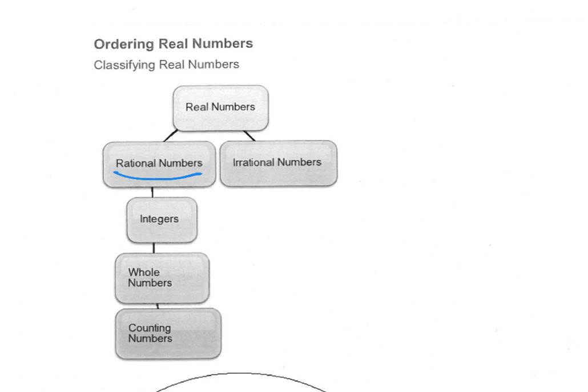Let's start from the bottom right here. What is a counting number? Now, this is natural number. Natural numbers, which is 1, 2, 3, 4, and so on and so forth.